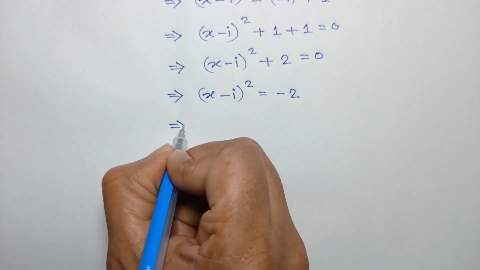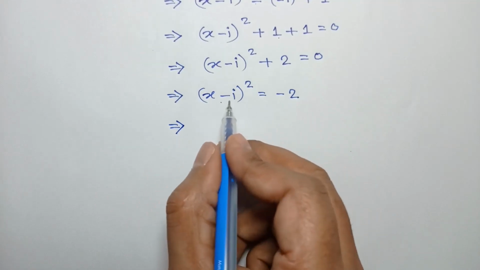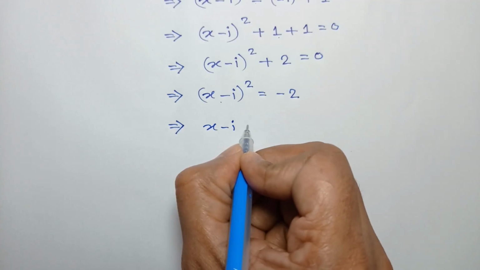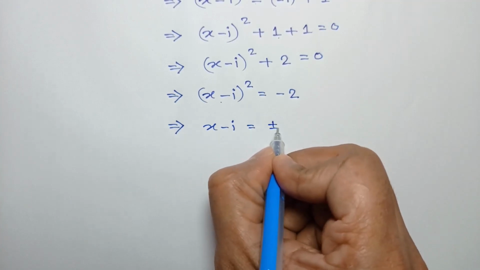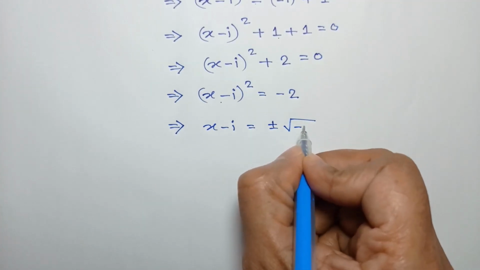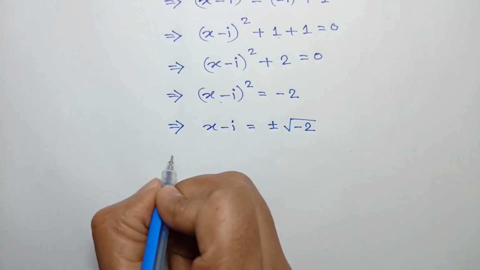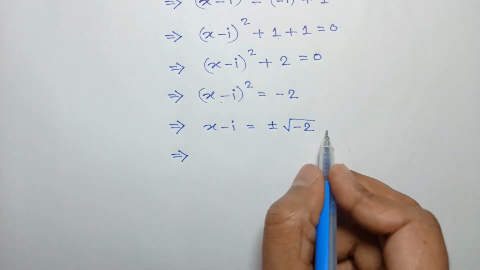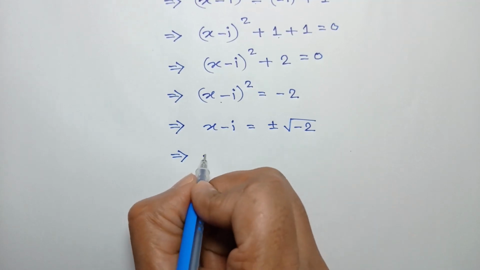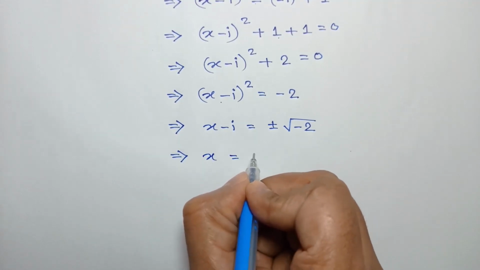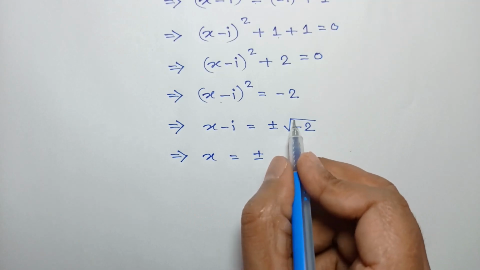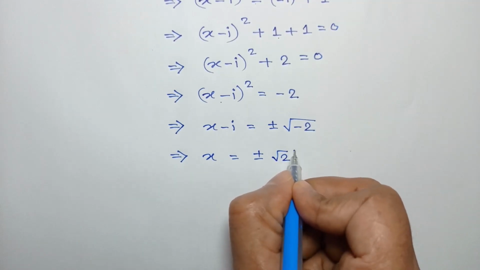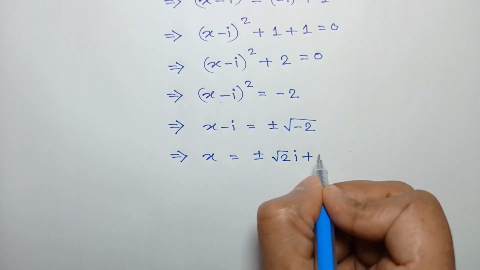Taking square root to both sides, we can write x minus i is equal to plus or minus square root of negative 2. Taking this negative i to the right side, we will get x is equal to plus or minus square root of negative 2, which is square root of 2i, plus this i.